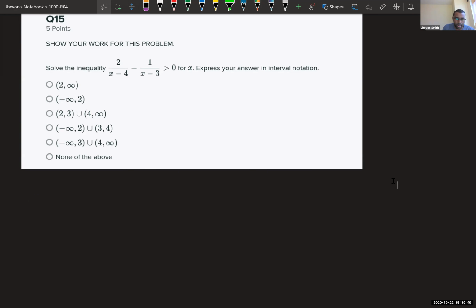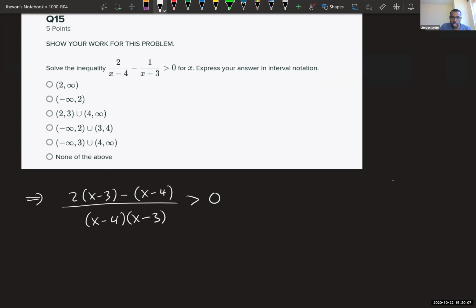So I can actually combine the fractions on the left. This is going to be 2 times (x minus 3) minus (x minus 4) all over (x minus 4)(x minus 3) is greater than 0. I'm using the fact that if I have one fraction minus another fraction, I can take this as AD minus BC all over BD.